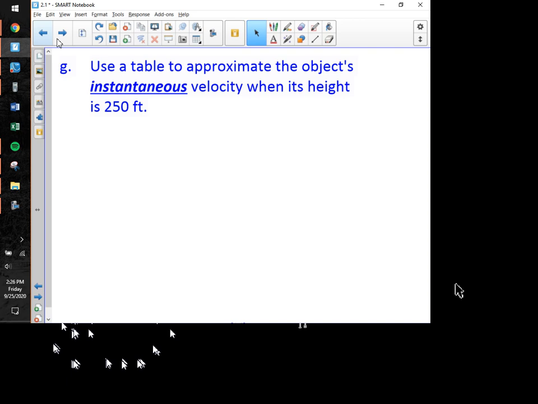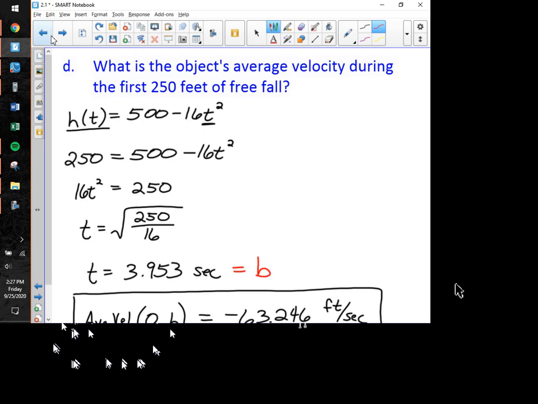Use a table to approximate instantaneous velocity when the height of this object is at 250 feet exactly. So we've already answered this. At 250 feet, that happens at a t value equal to B, if I'm not mistaken. Let me go back and double check that.